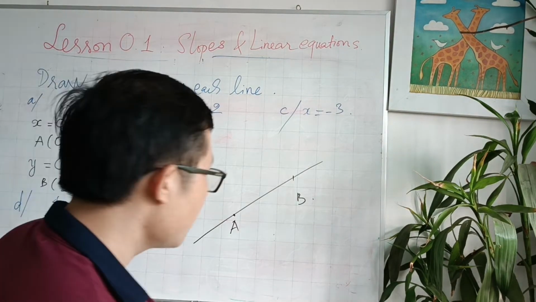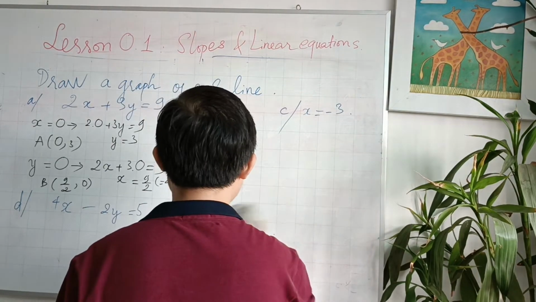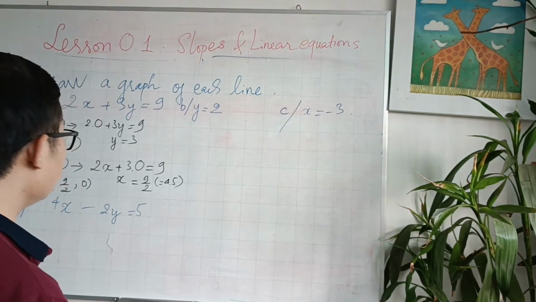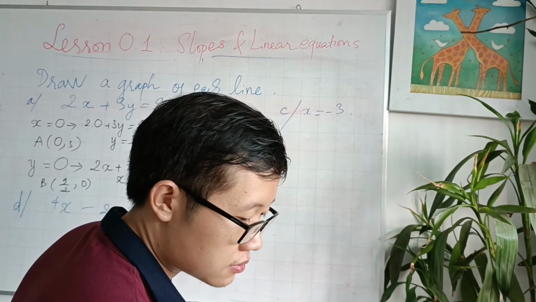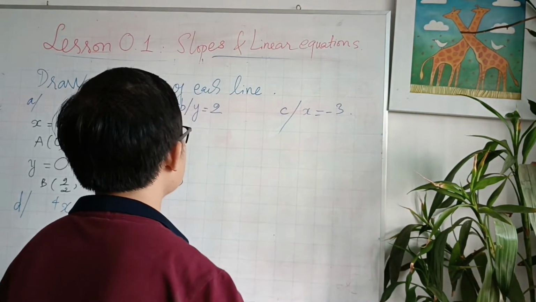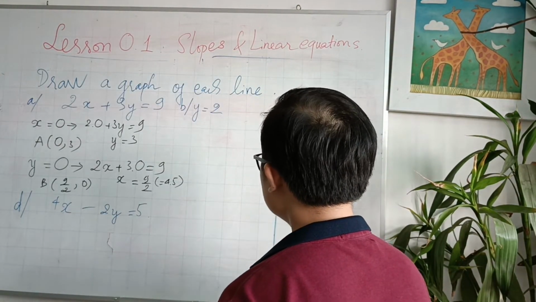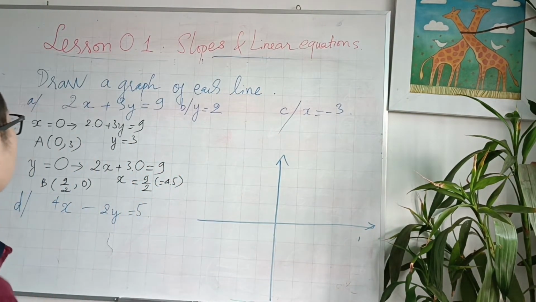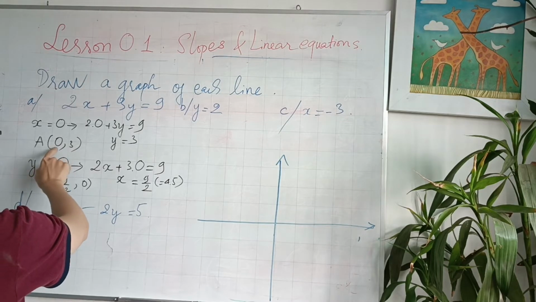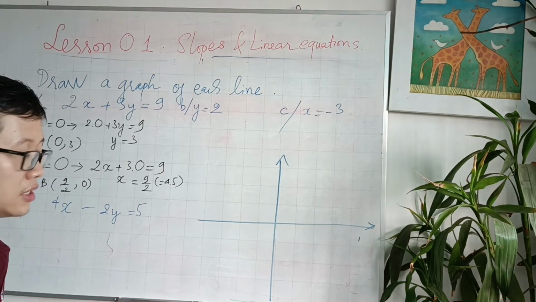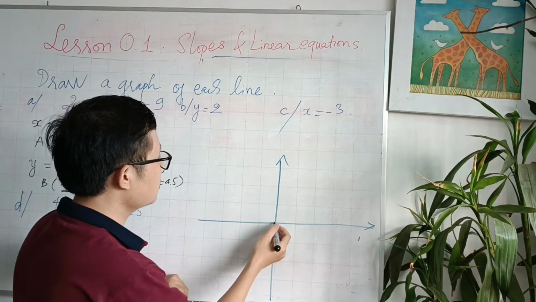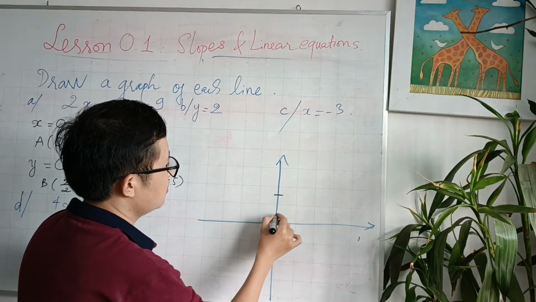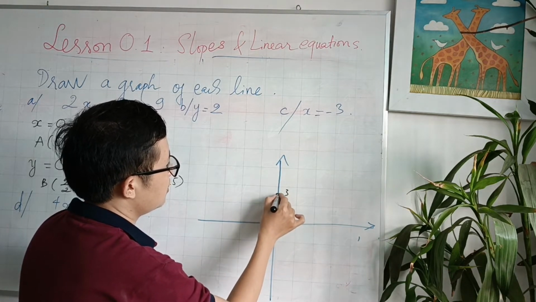We sketch the coordinate plane, the xy plane, and take 2 points in this coordinate. The first point is (0, 3), which is the y-intercept: 1, 2, 3.